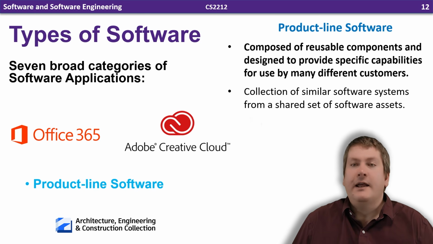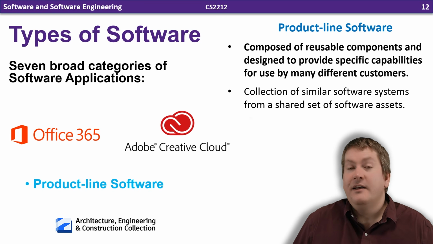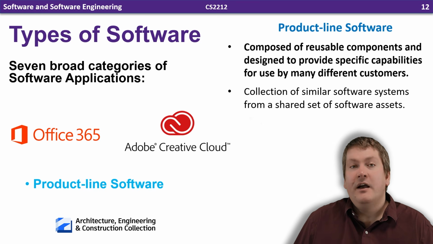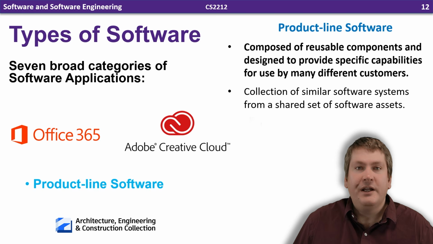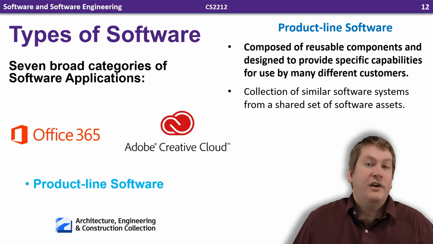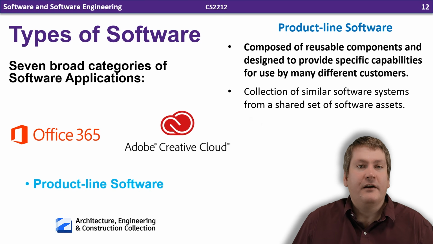If you've used something like Microsoft Word, you're probably familiar with those same icons and that same ribbon at the top that something like PowerPoint or Microsoft Excel uses. Another example would be something like Adobe Creative Cloud, which includes programs such as Photoshop, Acrobat Reader, Premiere Pro, as well as many others. Autodesk also provides a line of products in their Architecture, Engineering, and Construction collection.